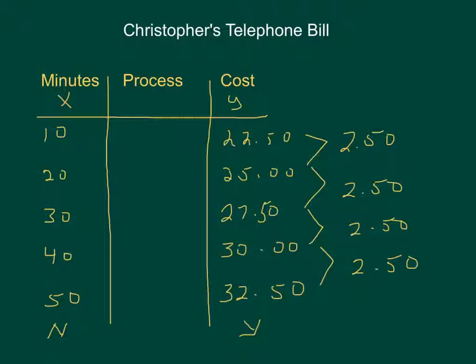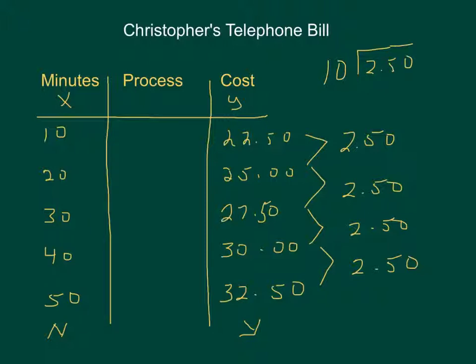Well, if you remember with sequences, we look at starting with 1, so we have a common difference of 2.50 and minutes are in 10. So do you think it would be feasible to divide 10 into 2.50 and maybe that'll get us back to 1?